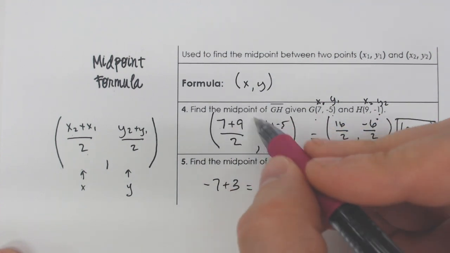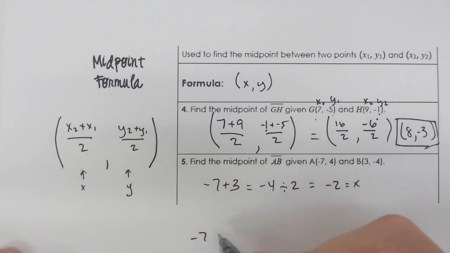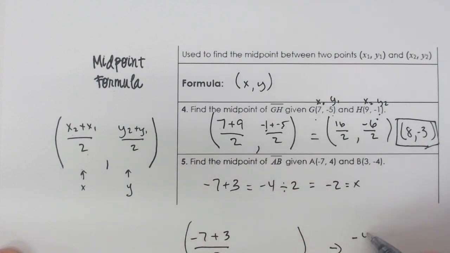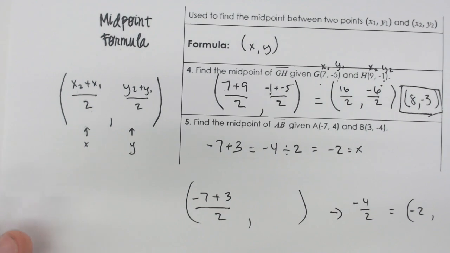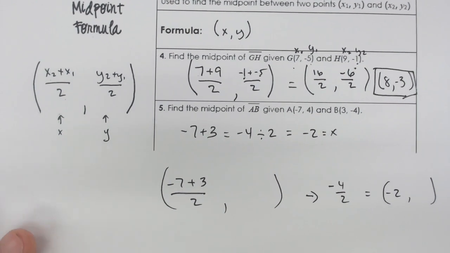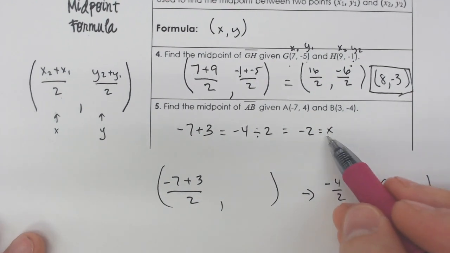That's the same thing we did here. I'm going to write it the way we did there. But really, you're going to still end up with -4 divided by 2, which is -2. Same thing. So I found the x value of my point.